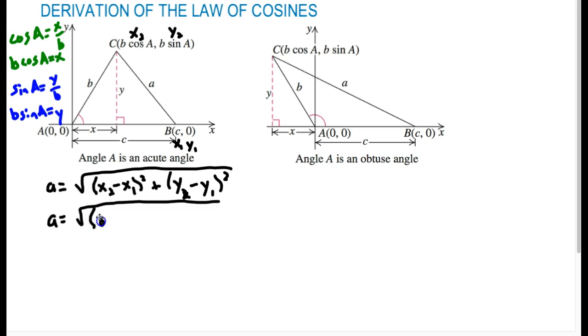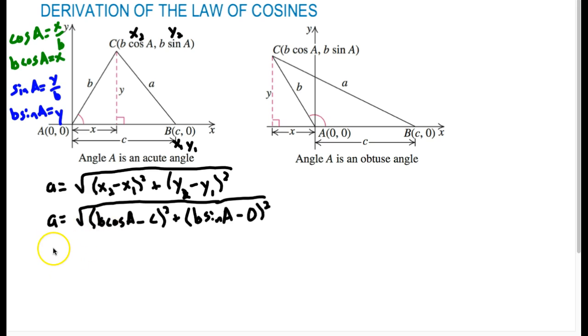b times the cosine of A minus c, squared, plus b times the sine of A minus 0, squared. And that's all under the square root. Now, it's probably going to be easier to work with this if we don't have the square root.